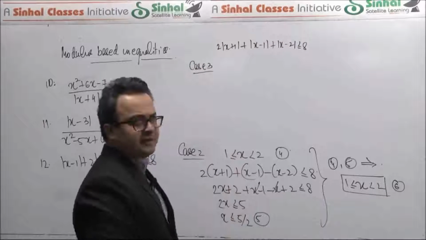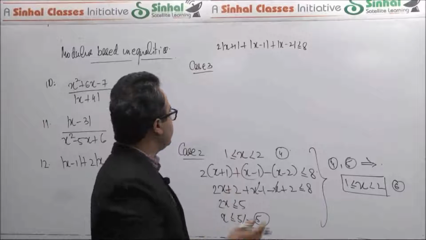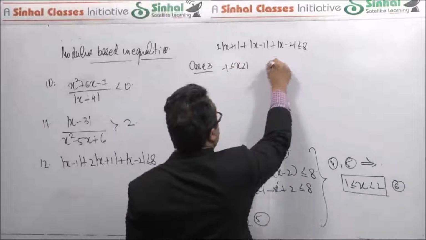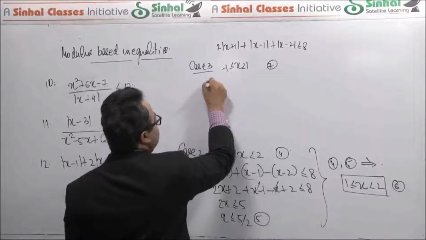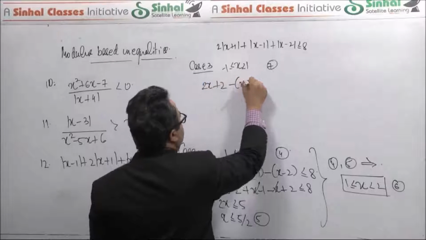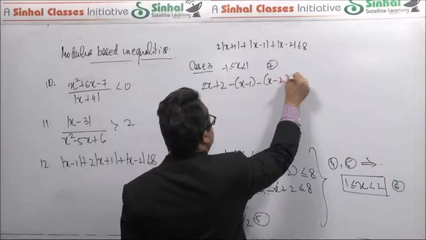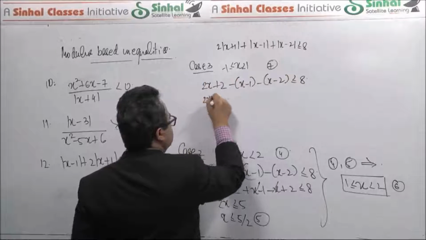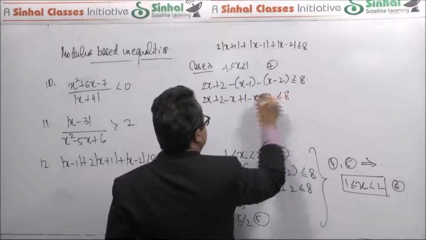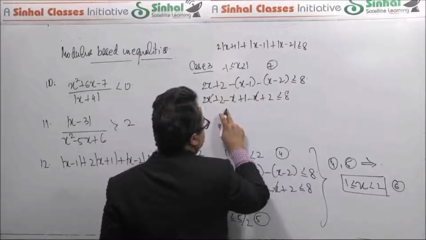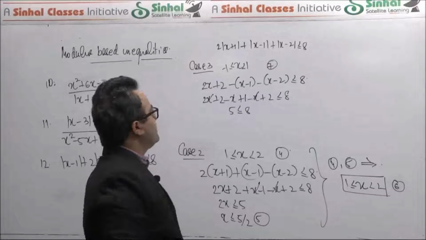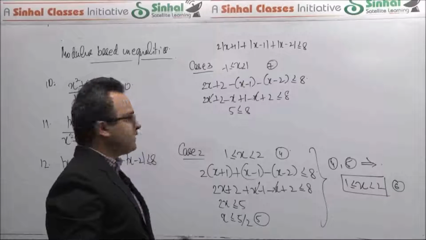Our next case would be the set of values which are greater than equal to minus 1 and less than 1. So again under this condition, in the third case, when you solve the inequality, it's turning out to be identically true.